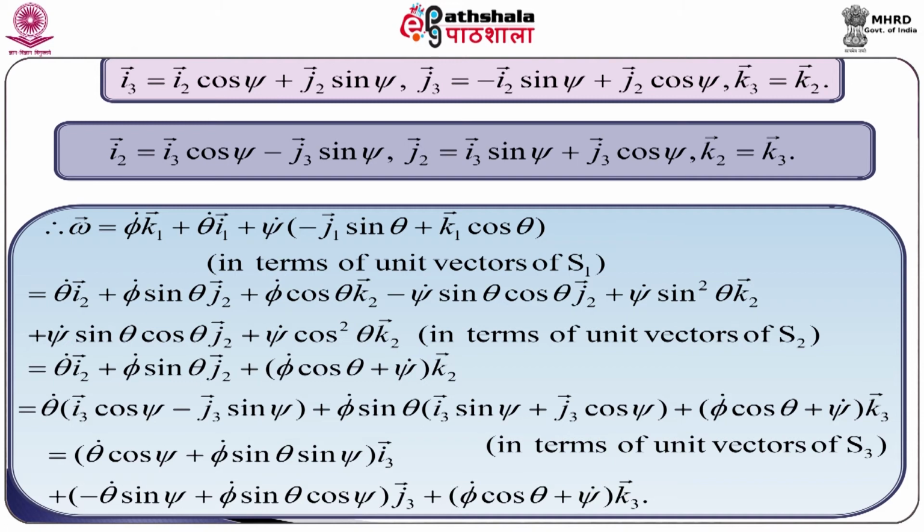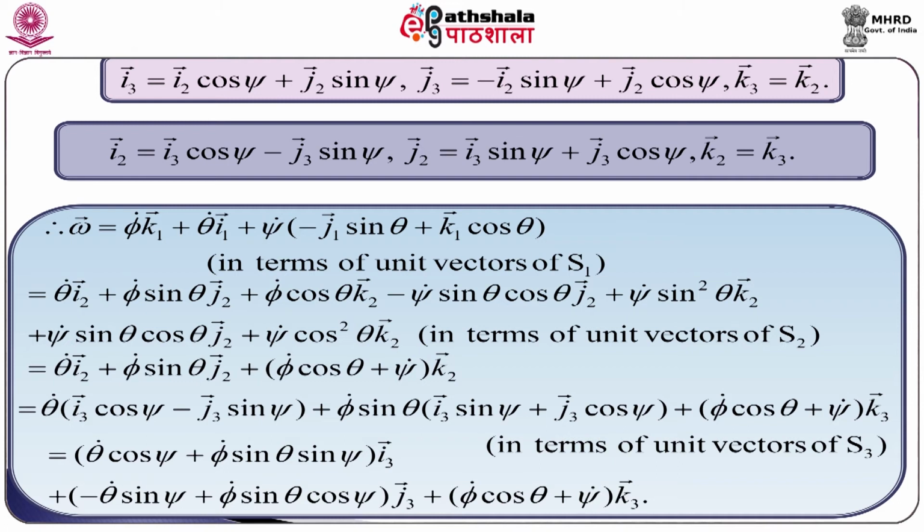If we substitute the value in terms of unit vectors of S2, we get this result. That is, if we put the value of I1, J1, K1 in terms of I2, J2, K2, we can get this result. On simplification, this becomes this one.